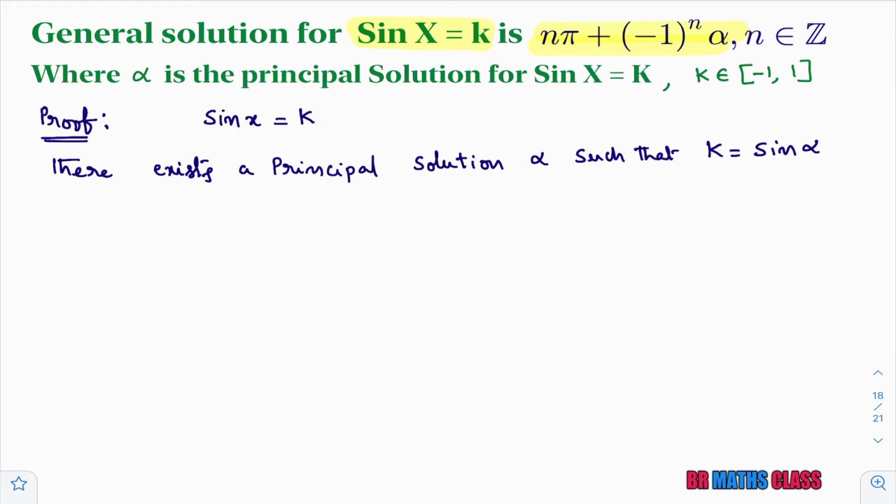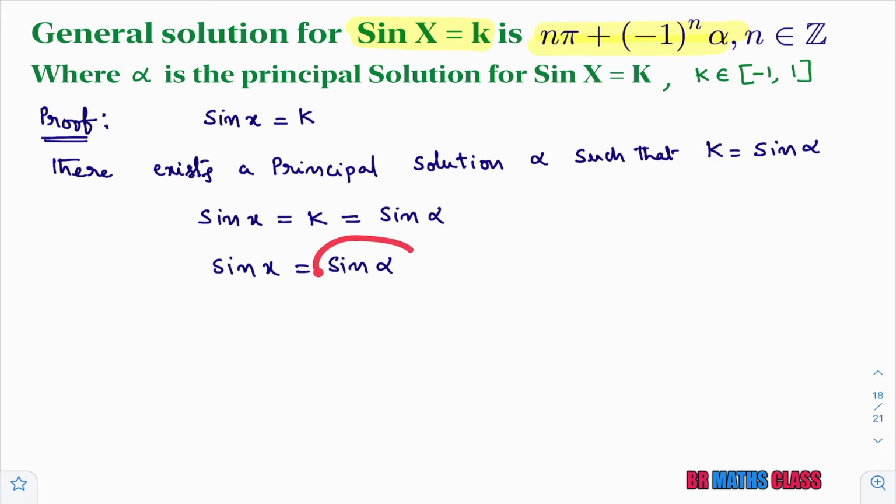Sin x equal to k. Now, what we came to know is that there exists alpha such that k can be written as sine alpha. So, I will write that k equal to sine alpha. Now, you observe sin x equal to sine alpha.